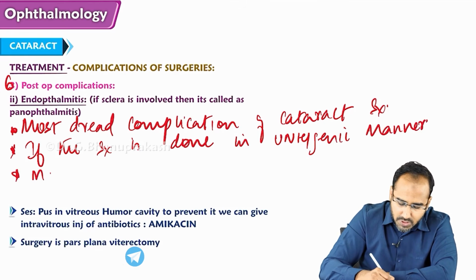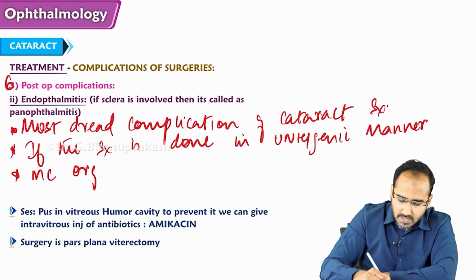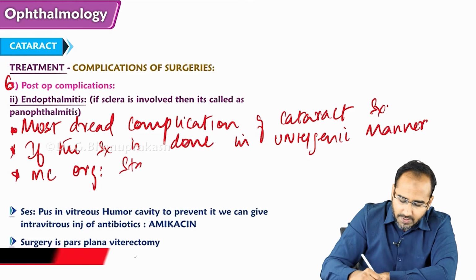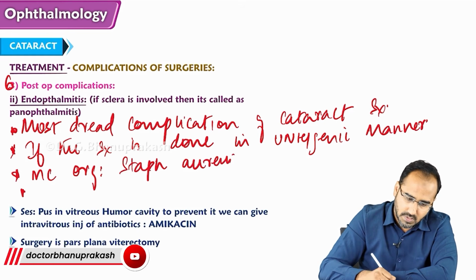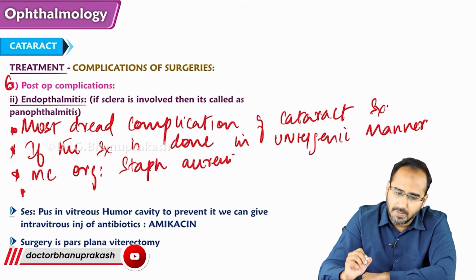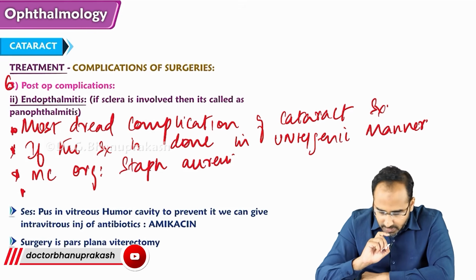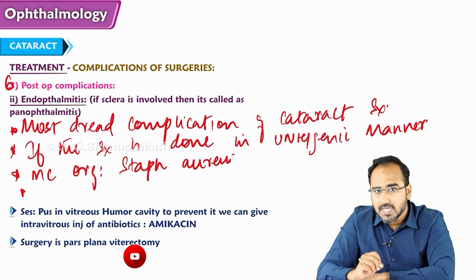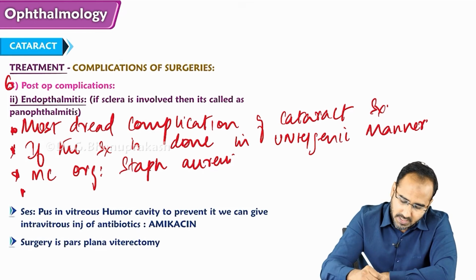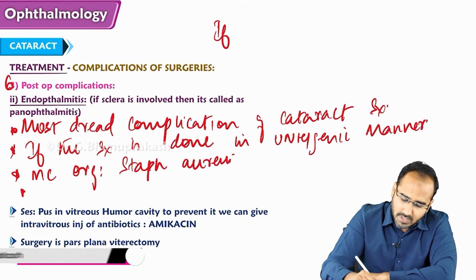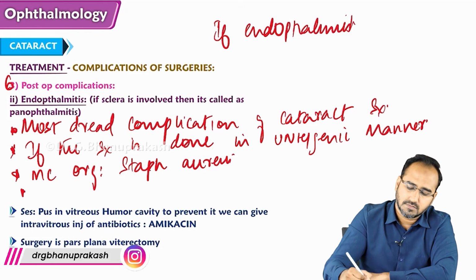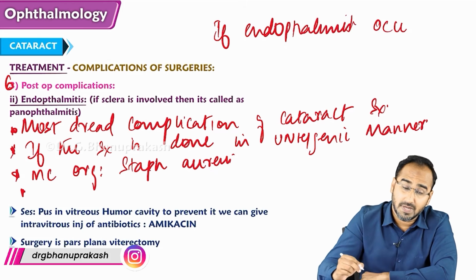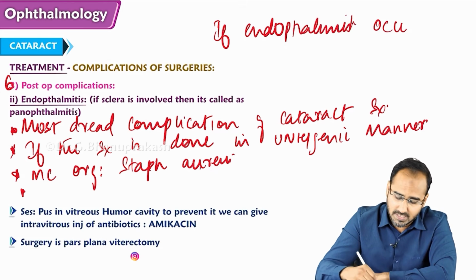I told you what's the most common organism. The most common organism is Staph aureus. Okay. Remember, if endophthalmitis occurs within 7 days of surgery, it is Staph aureus.